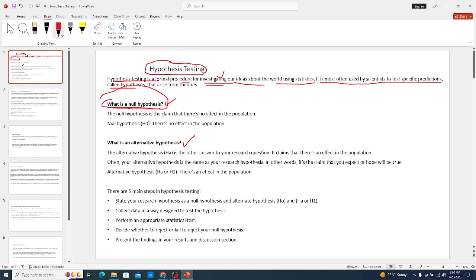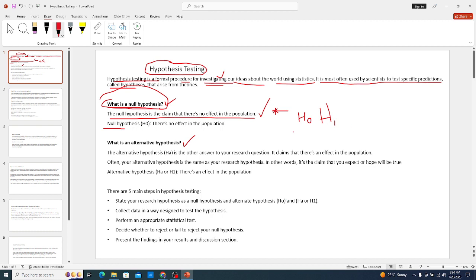So, the null hypothesis is the claim that there is no effect in the population, or in whatever you are trying to research. The null hypothesis is always denoted by H naught. The alternative hypothesis is always denoted by H1.